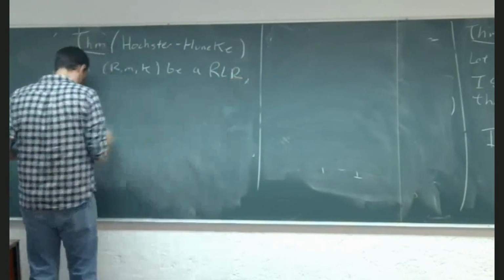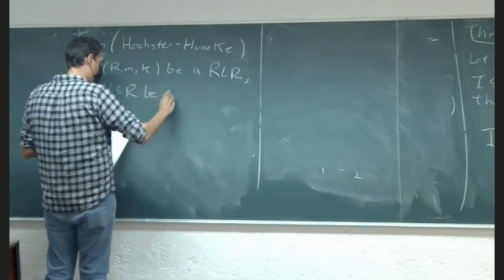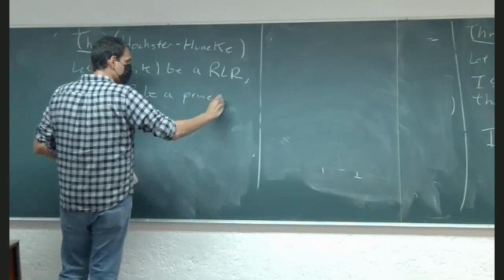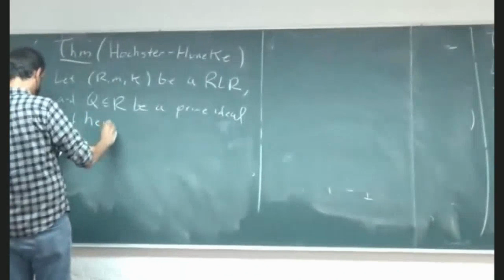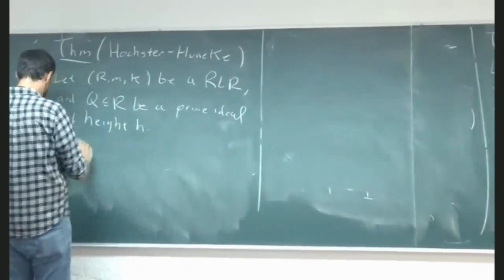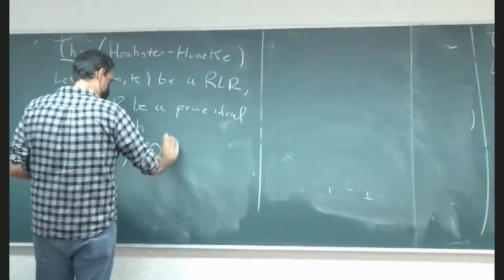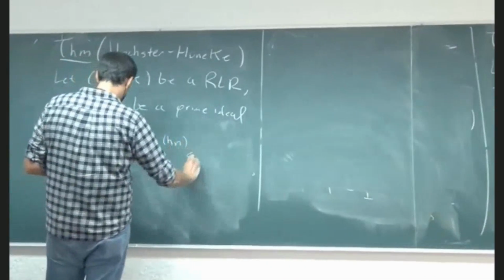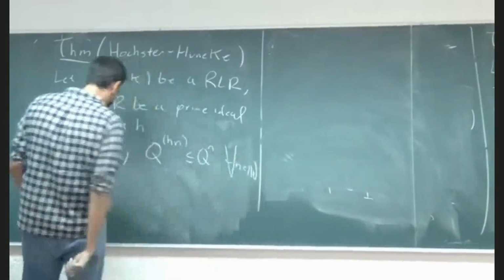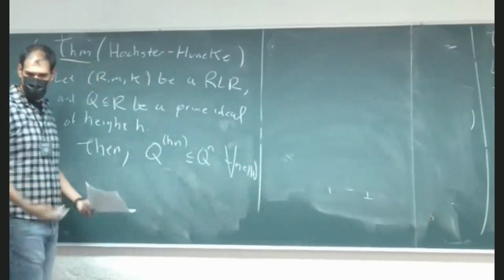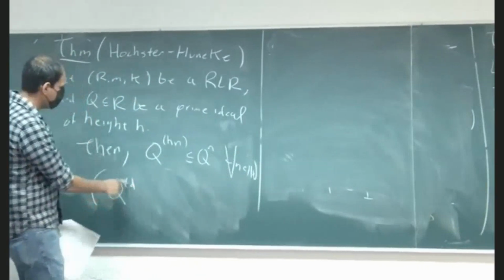And Q contained in R be a prime ideal of height H, then Q symbolic Hn is contained in Q^n for every n. And as a consequence, we can pick a uniform bound. Where D, remember this is the dimension of the ring.